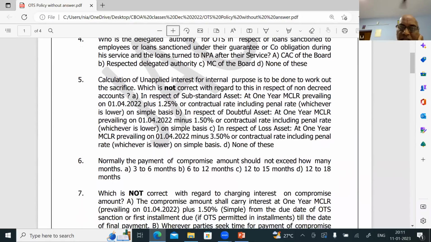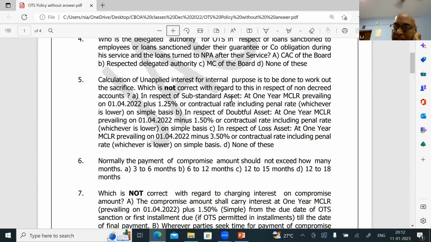Question number 5. Calculation of unapplied interest for internal purpose is to be done to work out the sacrifice. So I already told you, calculation of unapplied interest, which is not correct with regard to this in respect of non-decreed accounts. Non-decreed accounts have 3 categories: substandard, doubtful, and loss.